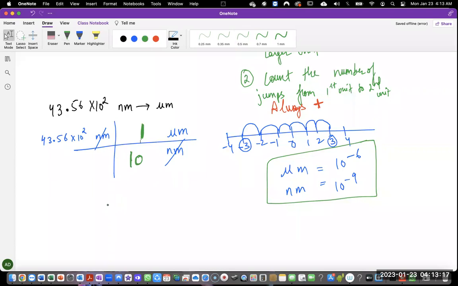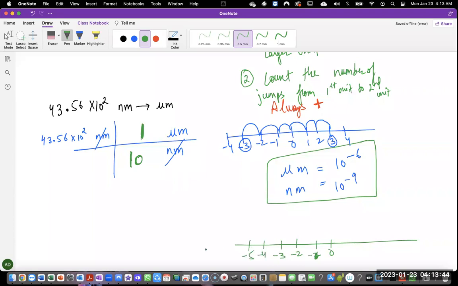To make the conversion factor, you need to count the number of jumps. The number of jumps from where to where? From micro to nano, or nano to micro, same thing. So in order to go from -6 to -9 or -9 to -6, how many jumps is that? You can figure this out in your head yourself if you want. If you don't feel comfortable, then you can draw this out and think about this.